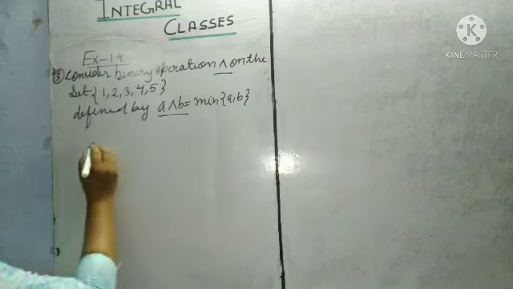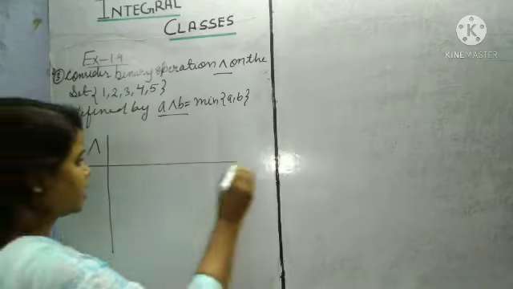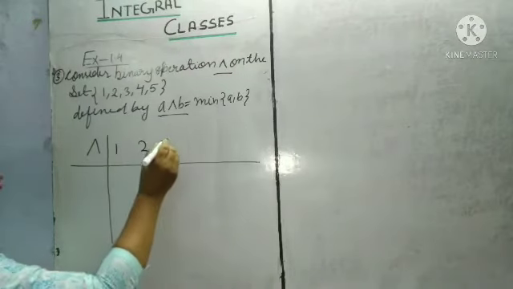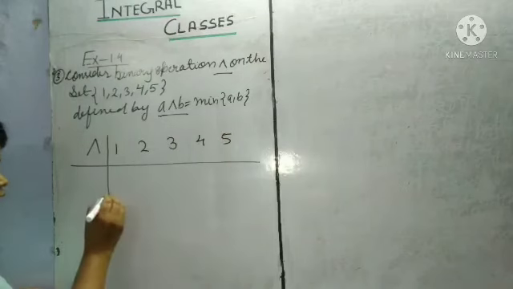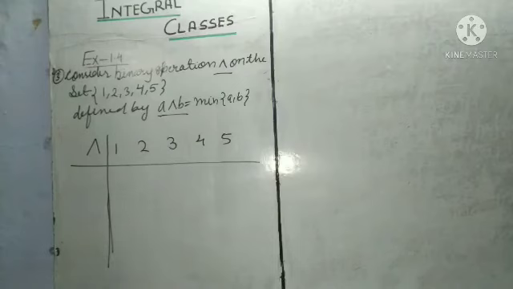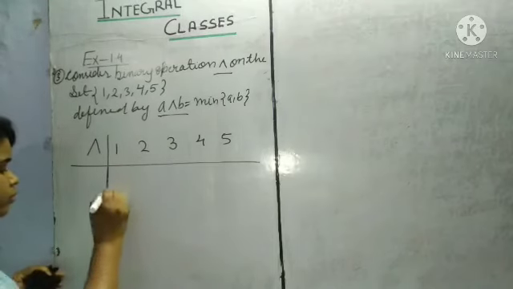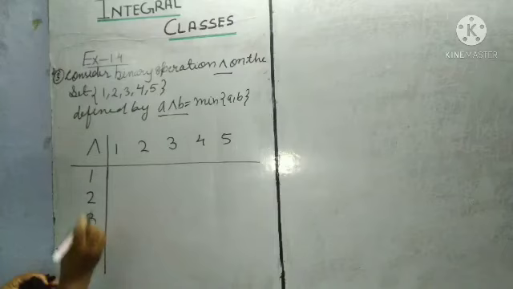So student, first we will write here this operation which we will apply here. How many numbers are there? 1 2 3 4 5. Both sides we will write horizontal and vertical, 1 2 3 4 and 5.